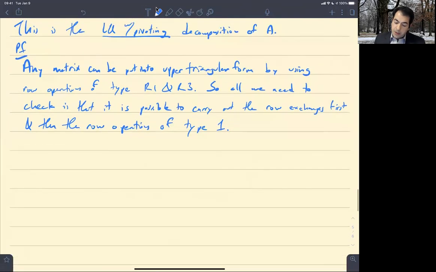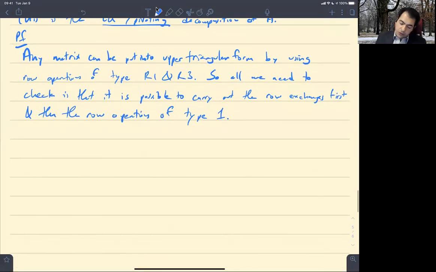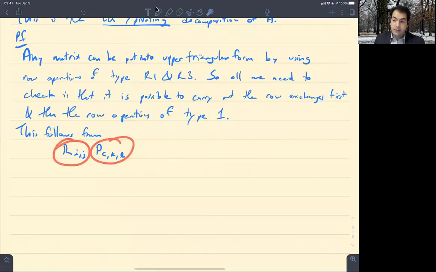Okay, but this follows from, so let's say that you did a row operation after you did an operation of type R1. So in terms of elementary matrices, it means that first you multiply by P and then you multiply by R, right? I want to check that you could have done things in the opposite order.